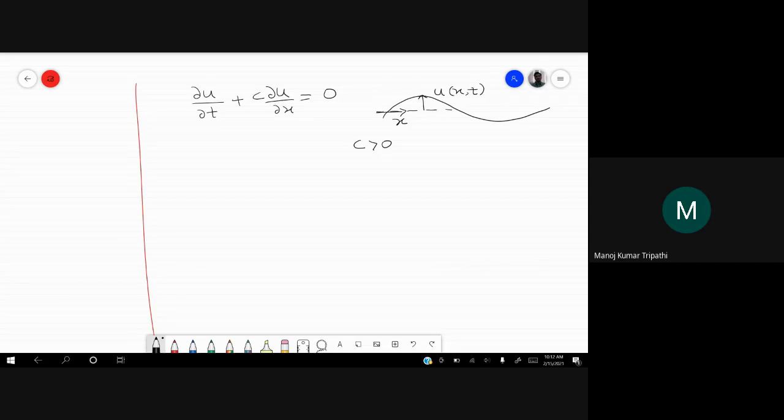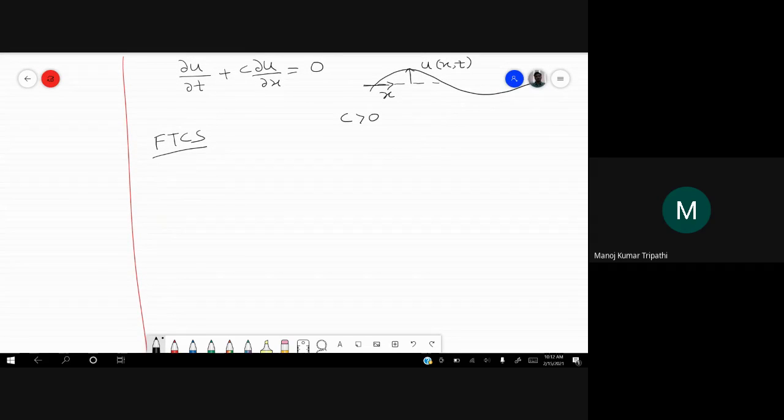So we are talking about FTCS right now, forward in time and central in space.